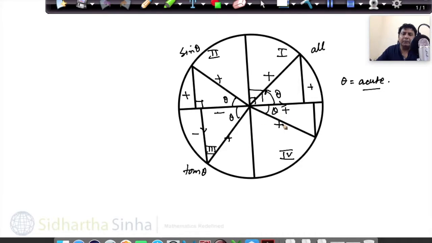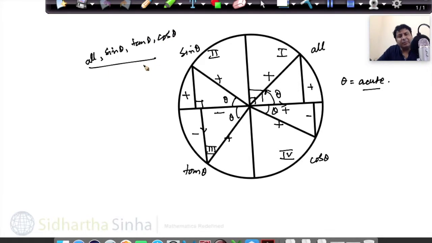And in the fourth quadrant, y is negative, so whatever contains perpendicular will be negative, and base upon hypotenuse, that is cos theta, will be positive here. That's why you are always taught in trigonometry: all, sine, tan, cos, in that order.